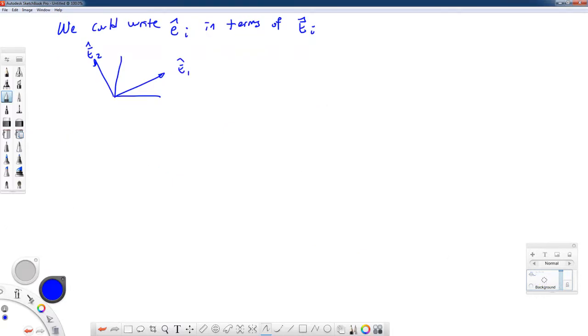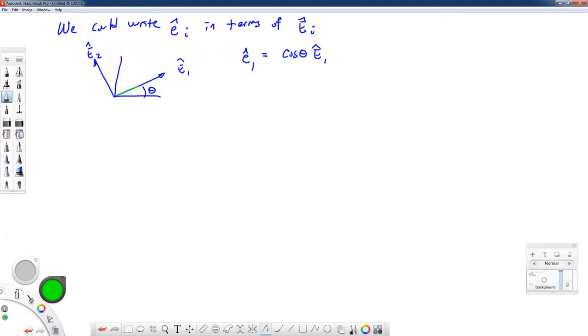Now we could just as easily do things the other way around. We could write the little e hat i unit basis vectors in terms of the capital E hat i. Let me go ahead and write those down. So if I wanted to get to little e hat 1, and this is the angle theta, I would have to go cosine theta in the capital E hat 1 direction, and then since I need to go this way, let me sketch that in with a different color.